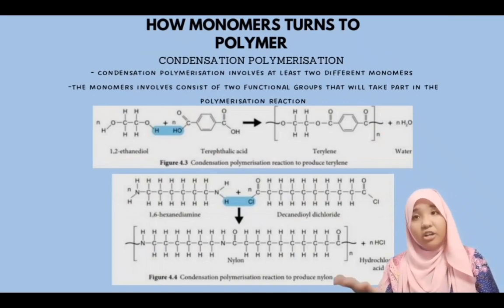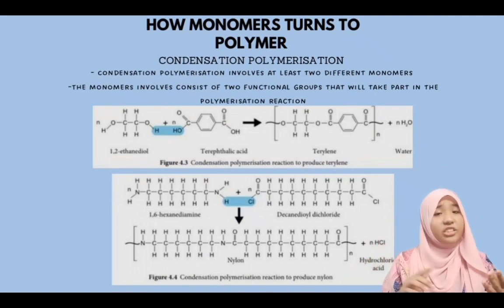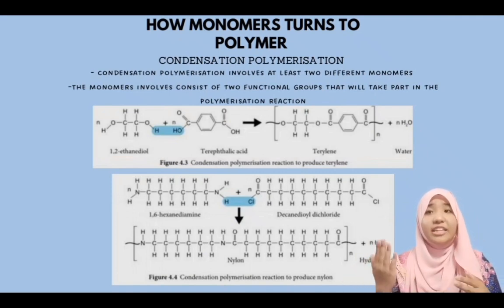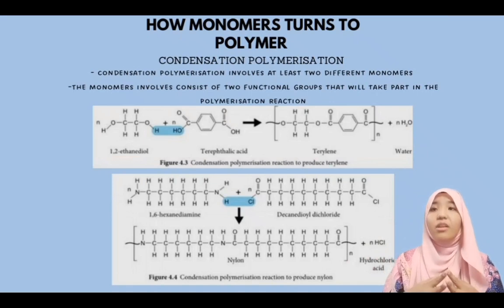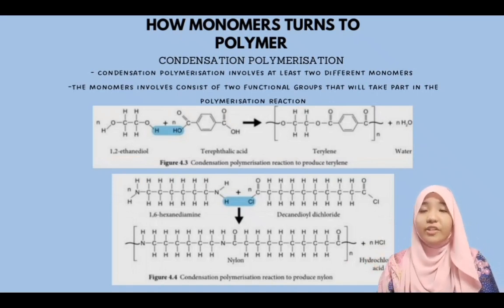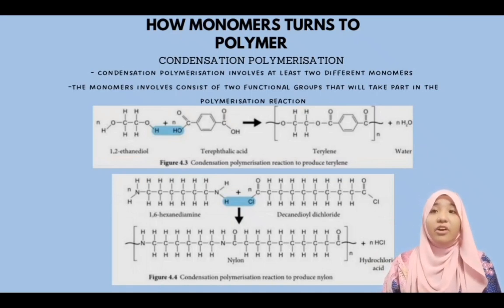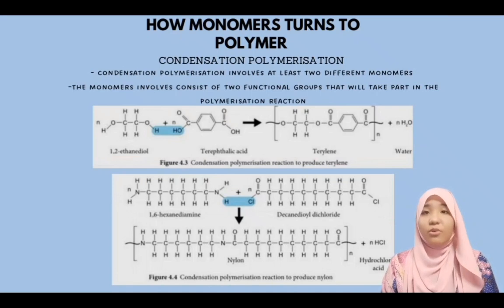We are moving on to how monomers turn into polymers. Monomers turn into polymers by condensation polymerization. Condensation polymerization involves at least two different monomers. The monomers involved consist of two functional groups that will take part in the polymerization reaction.